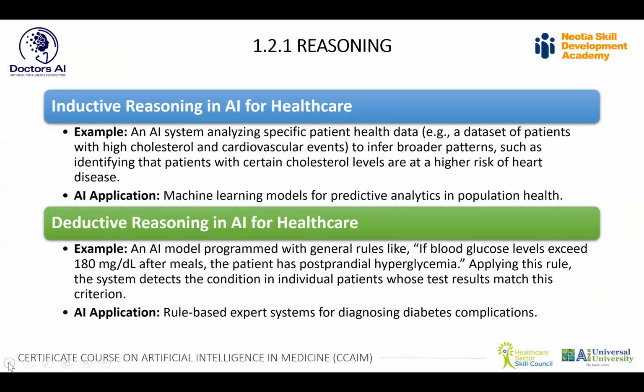And inductive reasoning is when you're looking at specific data points, like high cholesterol and cardiovascular events. From these two specific data points, you're trying to induce an understanding of a positive correlation between the two, picking up a cluster pattern that individuals with high cholesterol are ending up with more MACE, or major adverse cardiovascular events. So that is inductive reasoning.